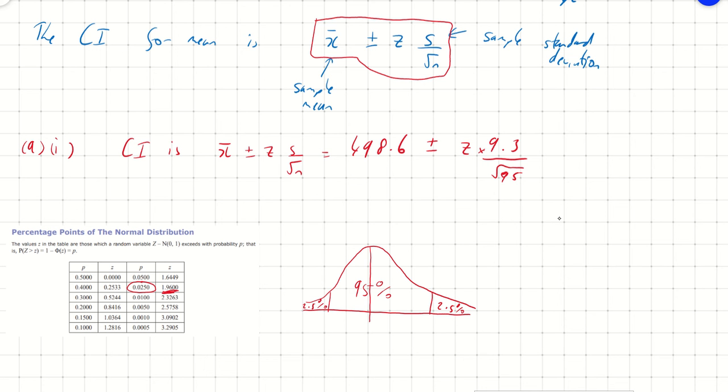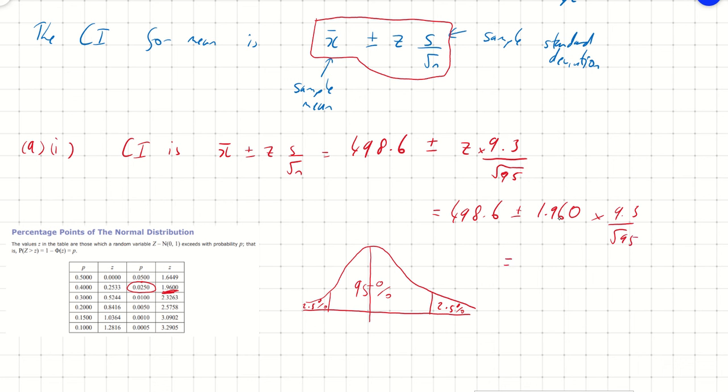So in our question, we're going to have 498.6 plus or minus our z value of 1.96 from our critical value table, and we're going to multiply that by 9.3 over the square root of 95.